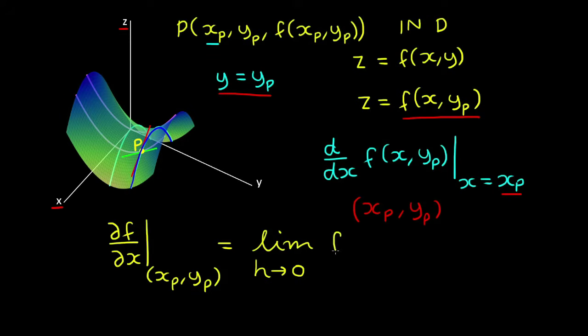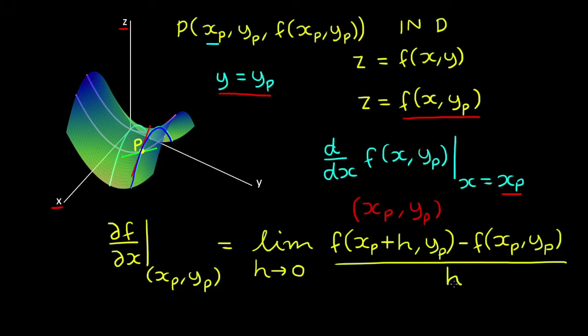So we're taking a limit of f at xp plus h while keeping yp constant, minus the function at xp and yp, over h. And this is provided the limit exists.